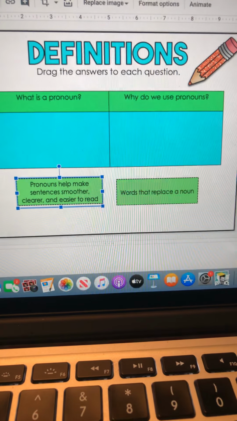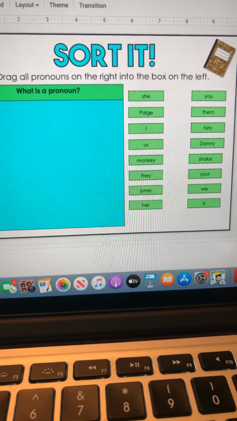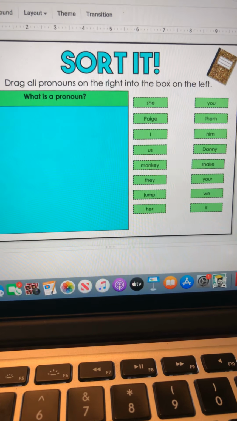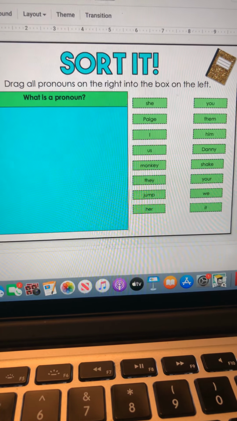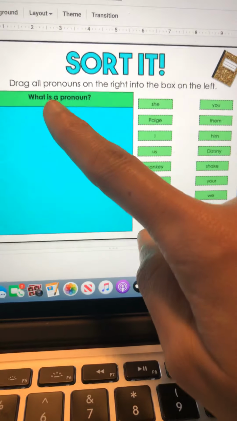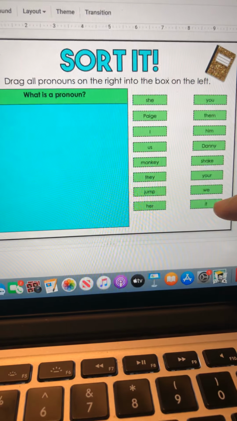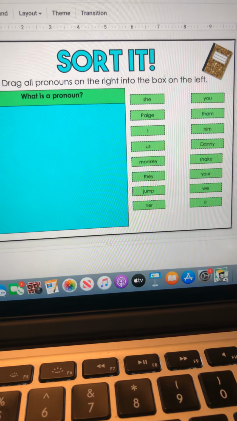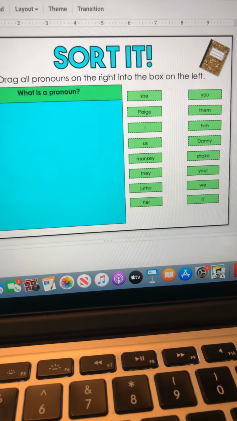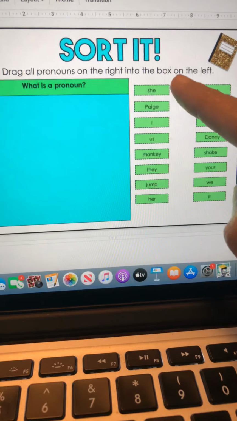All right, I'm going to put that back down here. Next slide. Sort it. Drag all pronouns on the right into the box on the left. Our question is, what is a pronoun? We're going to have a list of words here, and you have to decide which ones are pronouns or not. I'm going to read all of the words to you.